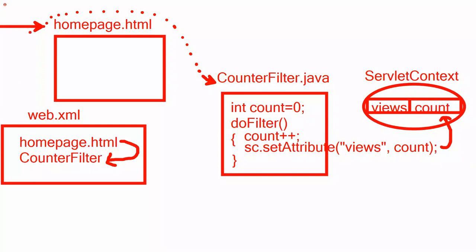A request comes to homepage.html, and with the help of the XML file, control is diverted to counter filter. Like this: int count equal to 0, count plus, and the value is placed in context. Here we'll write some code. Chain.doFilter, request, response. This line only will send it back.